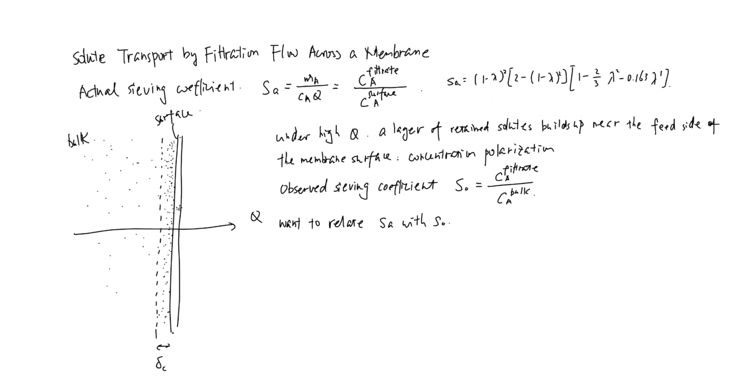Let's say the concentration profile within the layer is CA of Y. Let's figure out how it's distributed. Let's develop a coordinate Y that starts from the surface of the membrane and points towards the bulk part on the feed side.